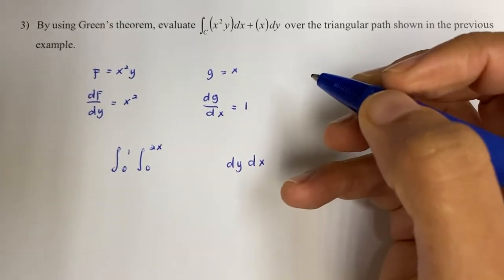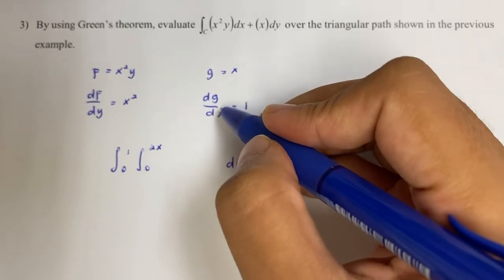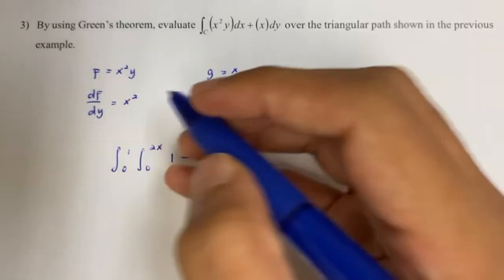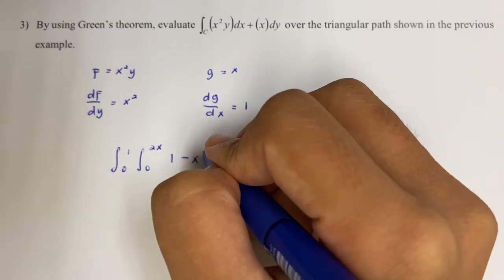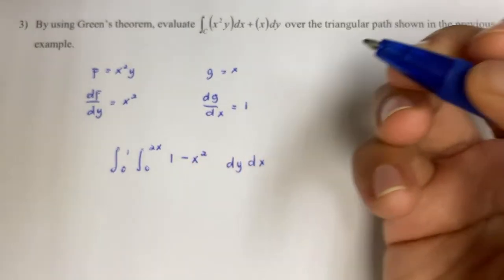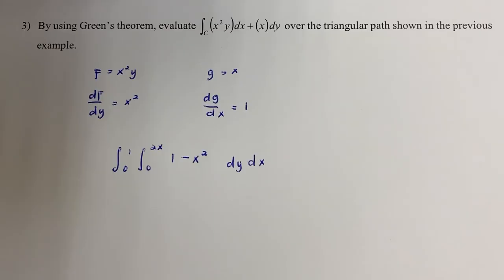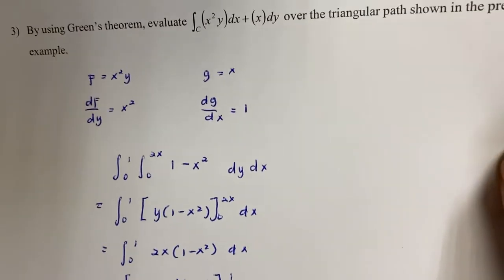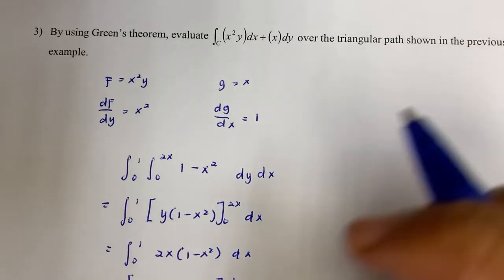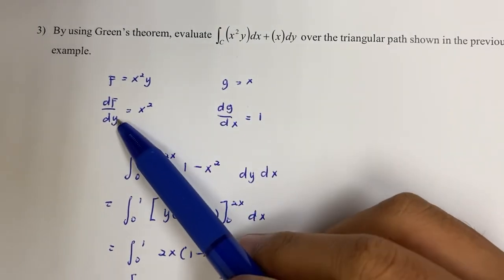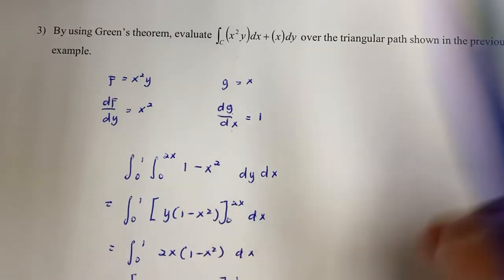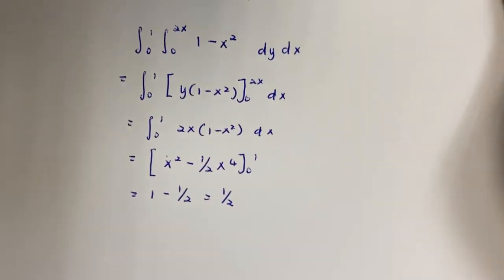Then we just need to substitute dg over dx, which is 1, minus df over dy, which is x squared. Now we can solve the double integral. The answer I get here is 1 over 2. As simple as that. You just need to know what f and g are, then find df over dy and dg over dx, substitute into the formula for Green's theorem and solve the double integral.